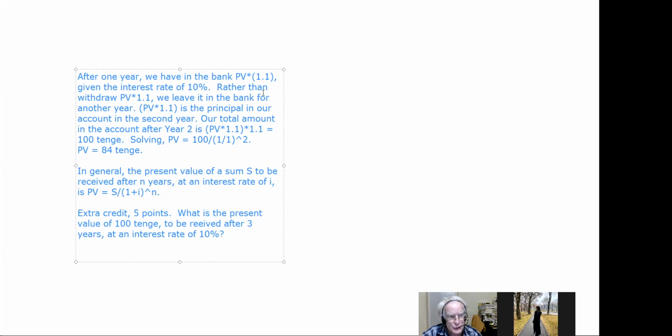You can express that as a formula rather than actually calculate it.